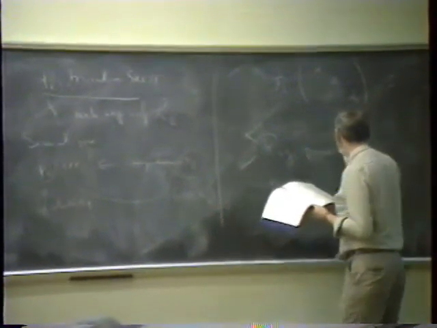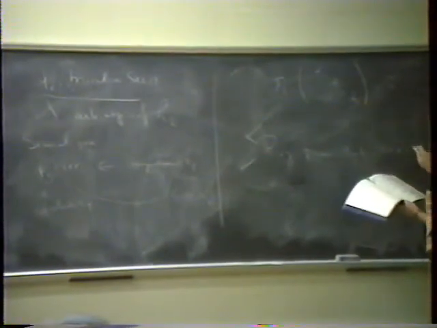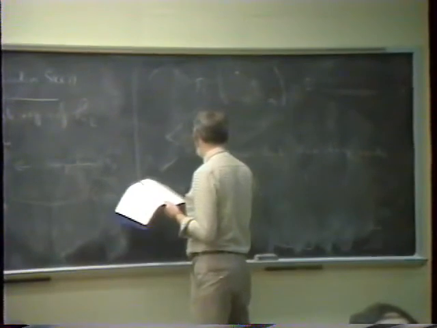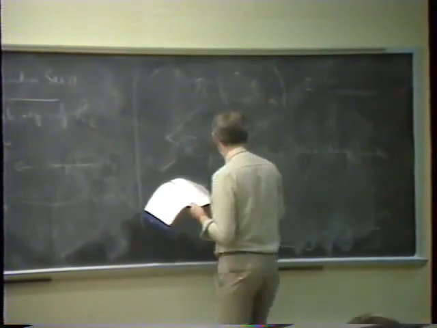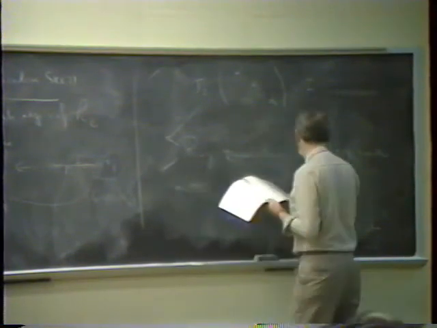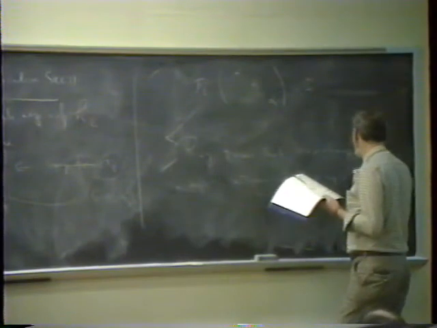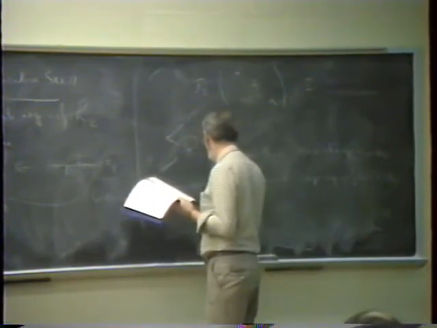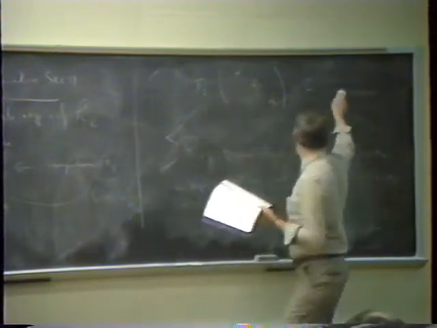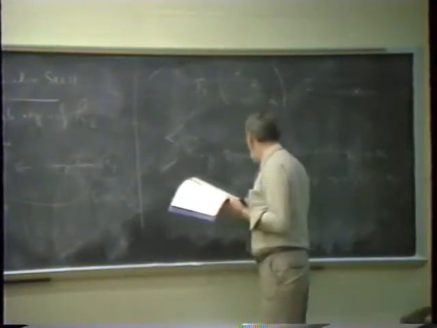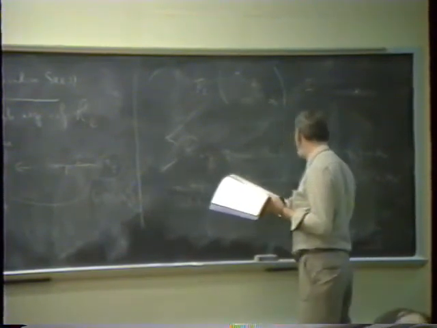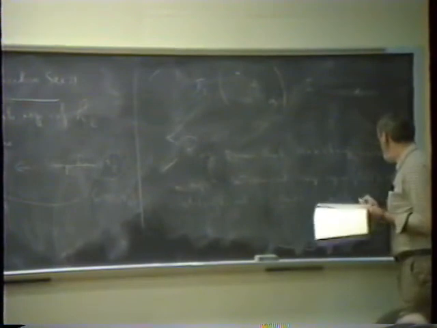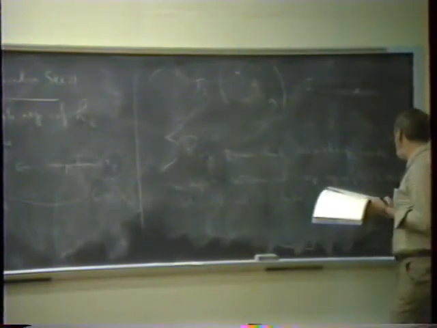Rogawski proves that his base change provides a bijection between automorphic cuspidal representations of GL3 AE satisfying star, so this is star, and a collection of, say, packets of representations of G of AF.